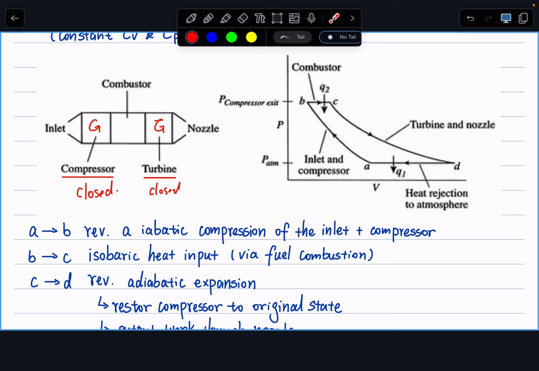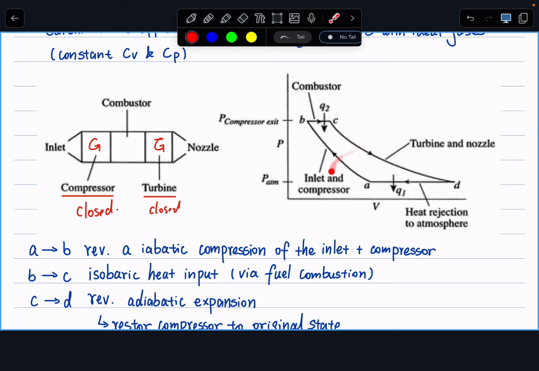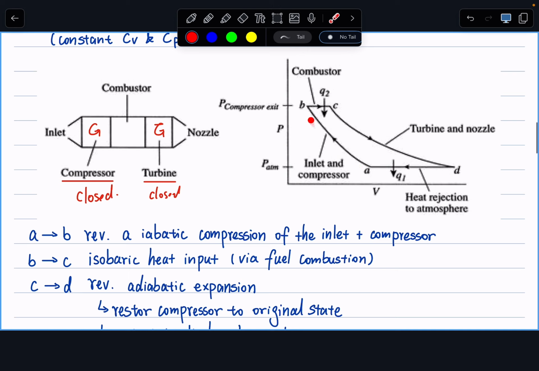Now, for the cycle, I'm giving you the picture, but in the exam we might, for example, just give you the adiabatic path and ask you to follow the pathways and finish this PV diagram. But right now, I'm just giving you the PV diagram. From point A to point B, this is a reversible adiabatic compression of the gas chamber in the compressor.